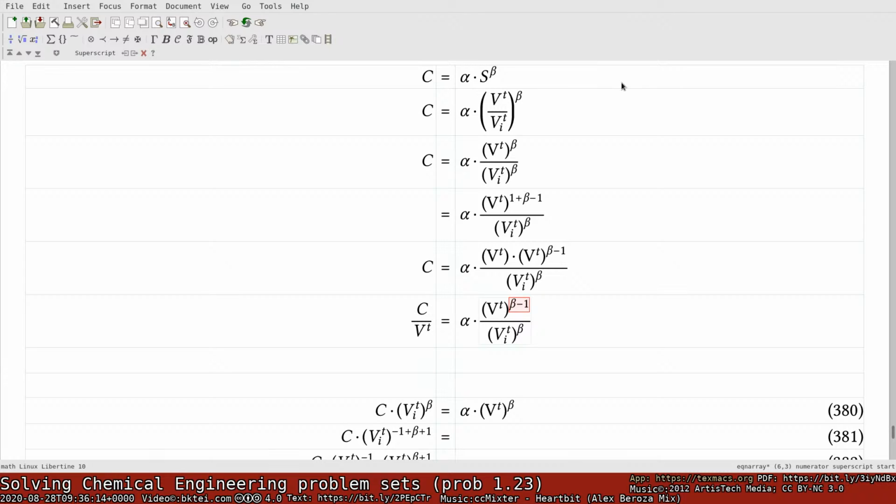ChemE plot. Let me try ChemE plot. I feel like geometry also would have worked, or GeoGebra.